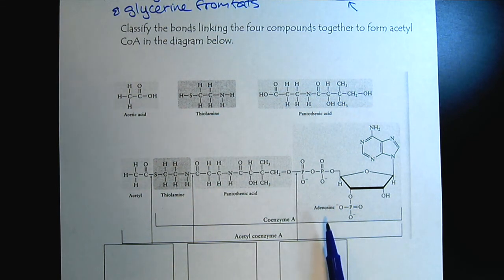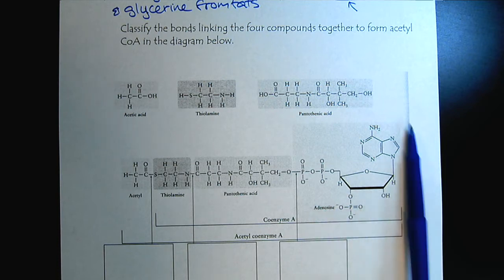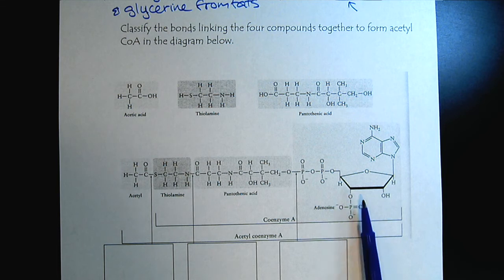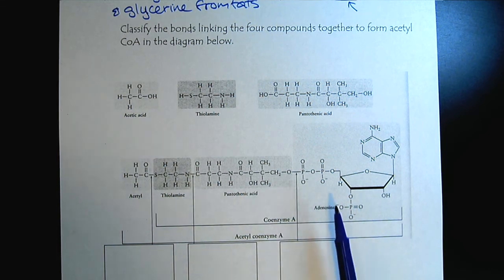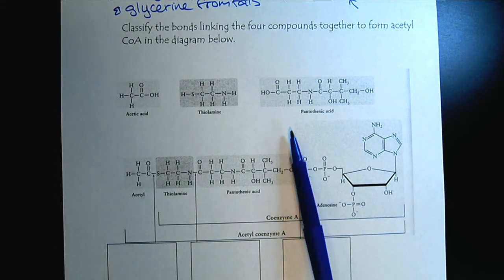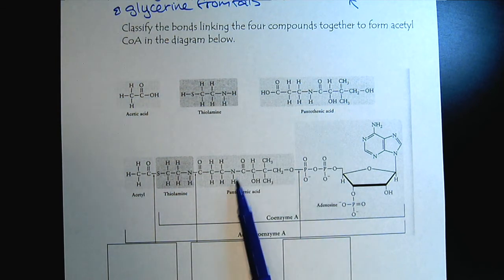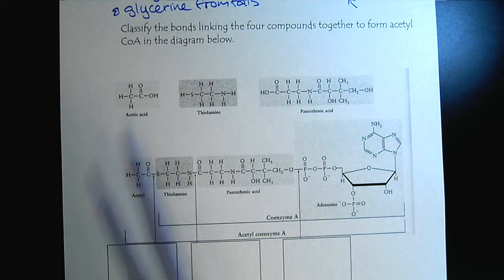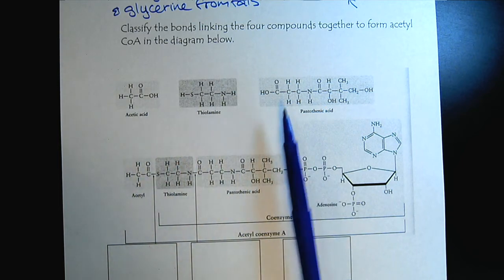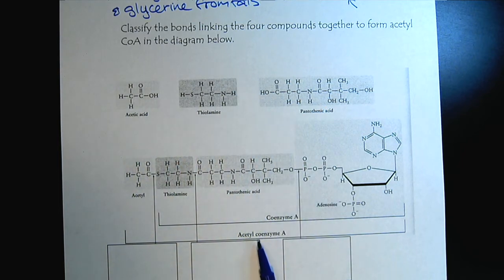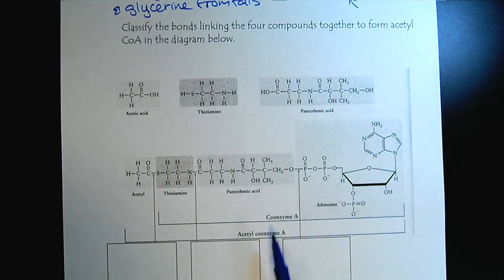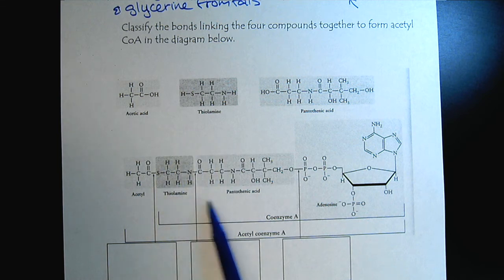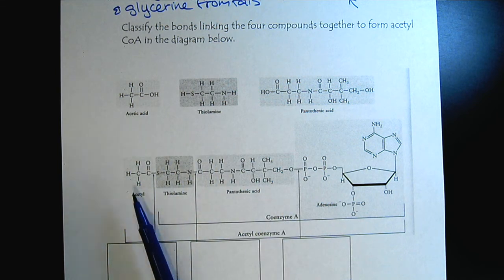Here we have the adenosine, so there's the adenine, our nitrogenous base, and our sugar and our phosphates. And then we have the pantothenic acid, the thioamine, and the acetic acid. So these four compounds come together to create acetyl CoA. So when you see coenzyme A, it's these three molecules, and then we add the acetyl group.